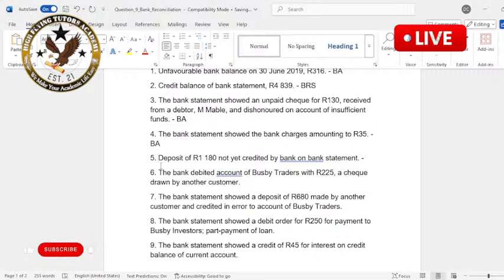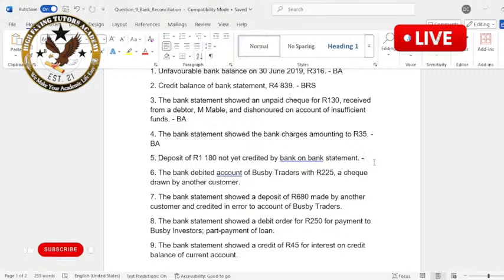They say deposit of 1,180 not yet credited by the bank on the bank statement. So it means it has been recorded in the bank account, but it's not reflecting in the bank statement, I mean to say. So it means it qualifies to go to the BRS.